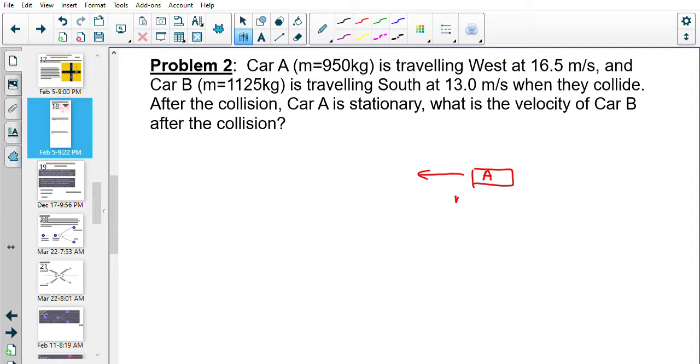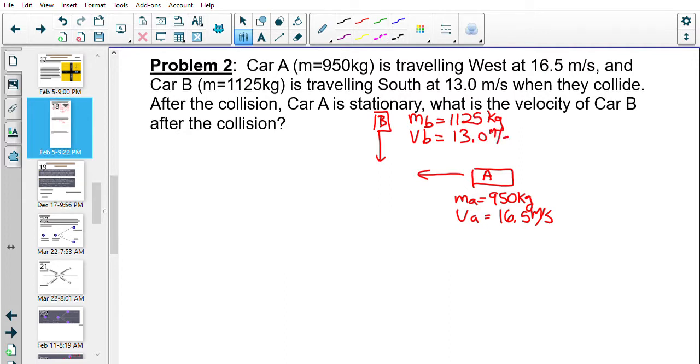So the mass of A is 950 kilograms, and the velocity for A is 16.5 meters per second. And then car B is traveling south, so from the north, traveling south. Here's object B, so MB is 1125 kilograms, and VB is 13 meters per second.